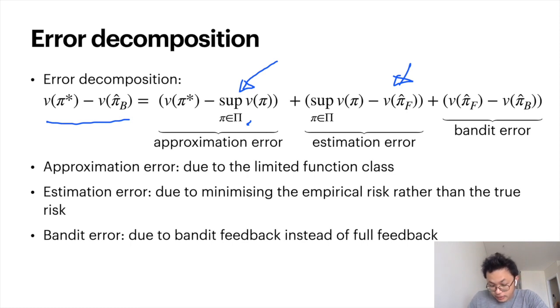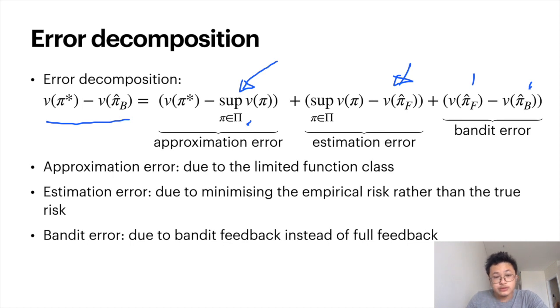And the bandit error here is due to using the bandit feedback instead of the full feedback. This error decomposition is similar to the standard error decomposition in supervised learning, where we decompose into approximation error and estimation error. The only new thing here is that we have an additional error term, the bandit error.